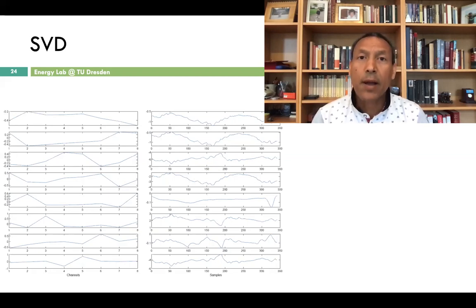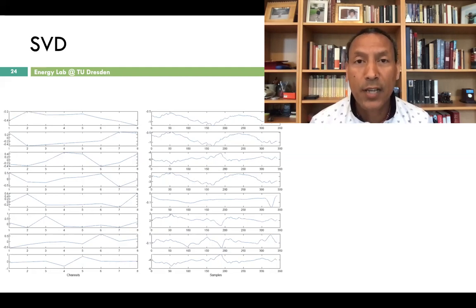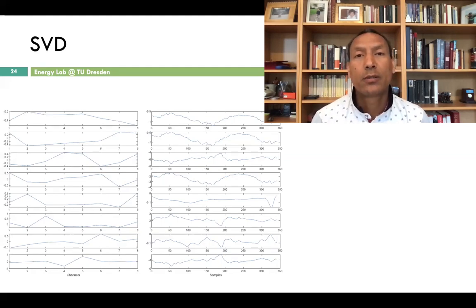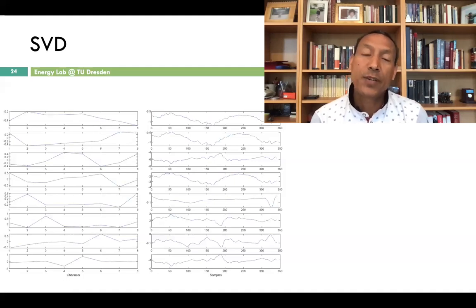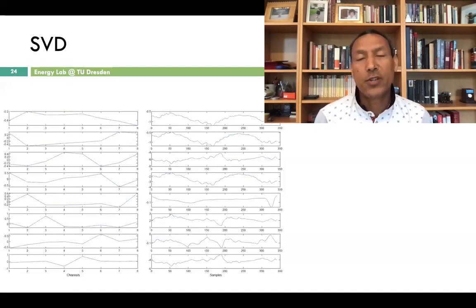So SVD, by properly decomposing a raw matrix, helps us to filter out the useful ECG signal without making any assumption. The problem with SVD, unfortunately, is that it's only two-dimensional.